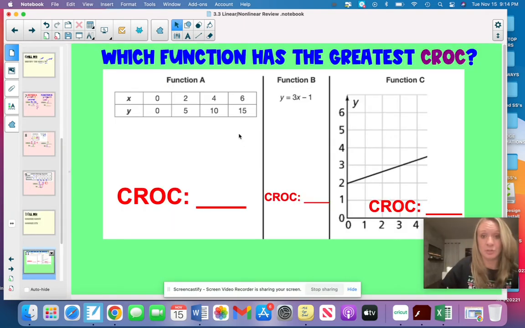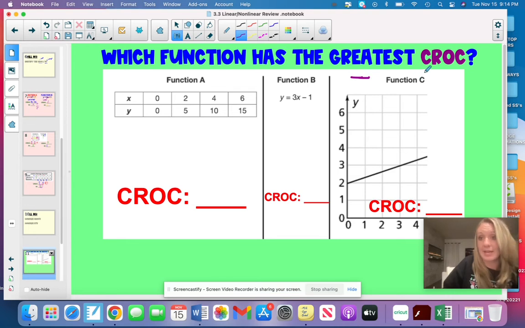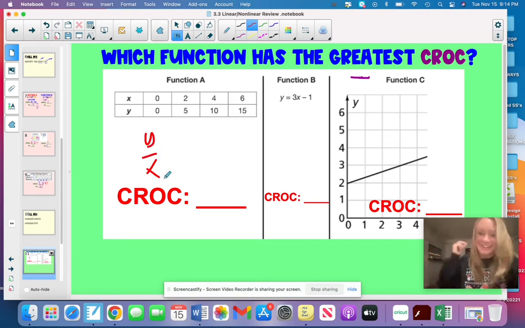Okay, so the first thing, you are comparing function A, B, and C. And the first thing we want to see is which one has the greatest or the biggest constant rate of change. Before you can even evaluate that, you need to find the crack for every single one. Let's start with the table. Okay, the crack for a table is y over x, y over x, y over x.